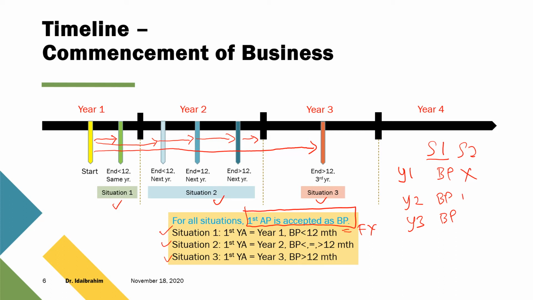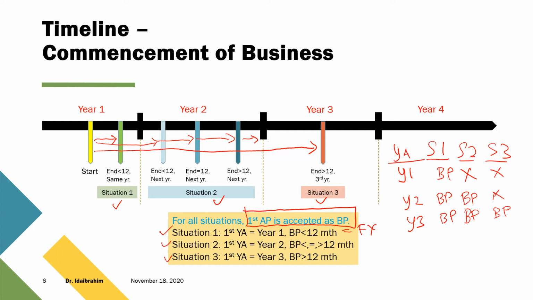But we have here and we have here. And then under situation 3, since we close in the third year, we do not have basis period for year 1, year 2, but we directly put the basis period under year 3. Okay. Let's say this is the YA.